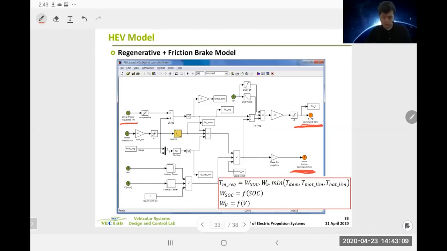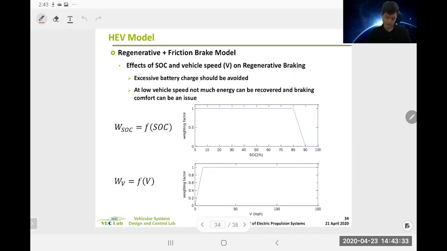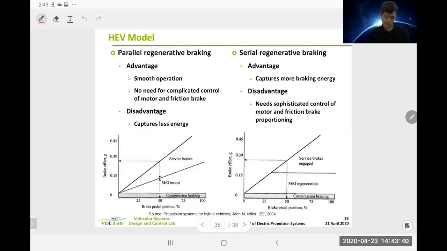So you need proper gear ratios to switch between those two. Anyway, to determine these two values, we need a strategy, so regen strategy. So to explain that better, let's start with this one first.